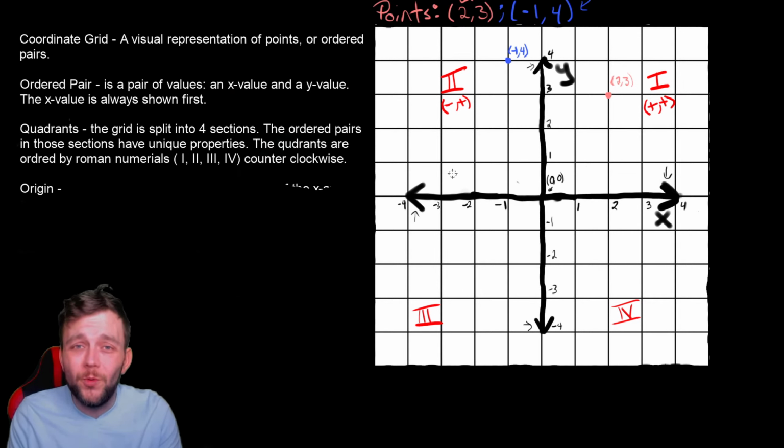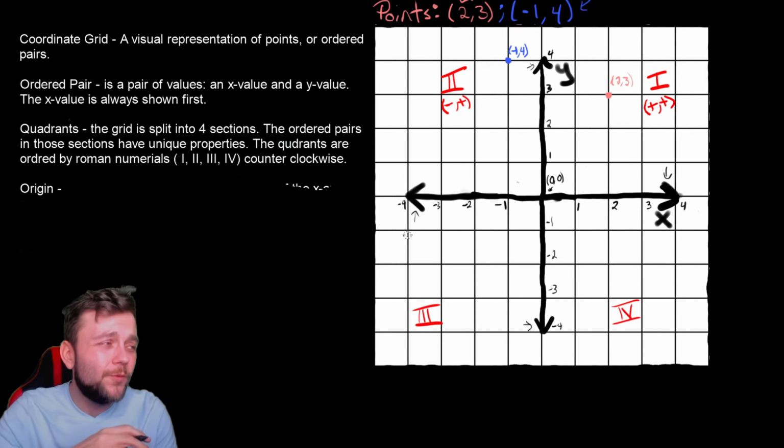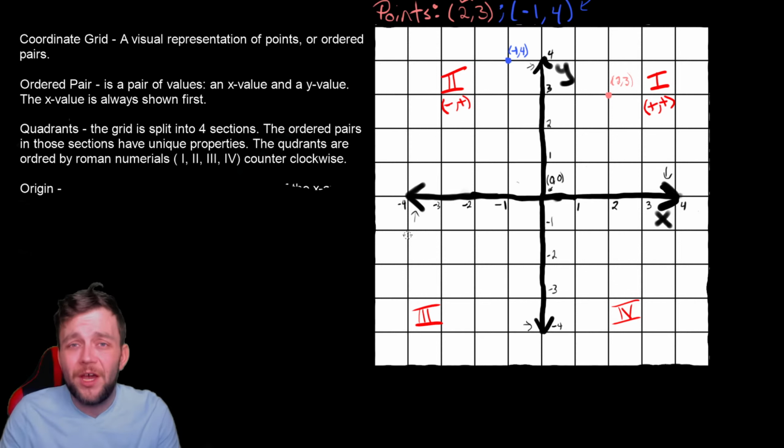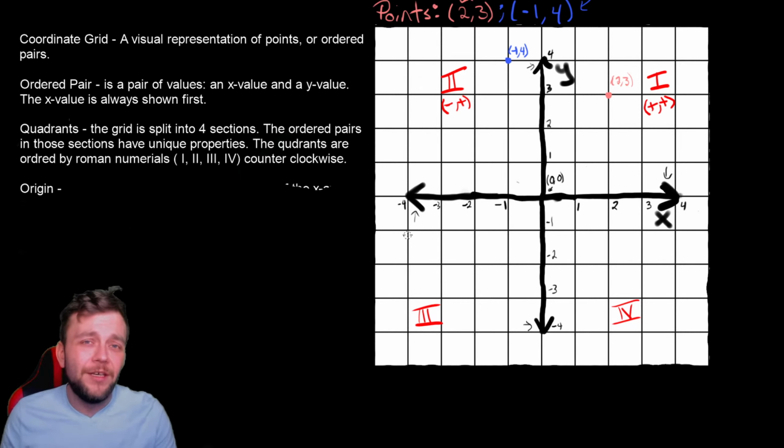So if I told you the point -5 and 1,000, right? We can't see it on our graph, but you know what quadrant it is in because it has a negative x value and a positive y value. So you can still define the point without seeing it. You can say, hey, -1, +1 billion. That is in the second quadrant.